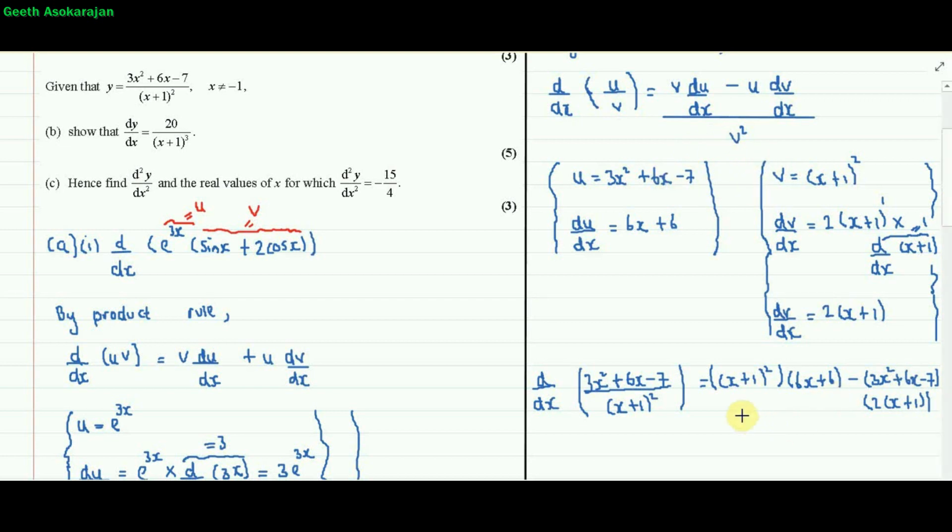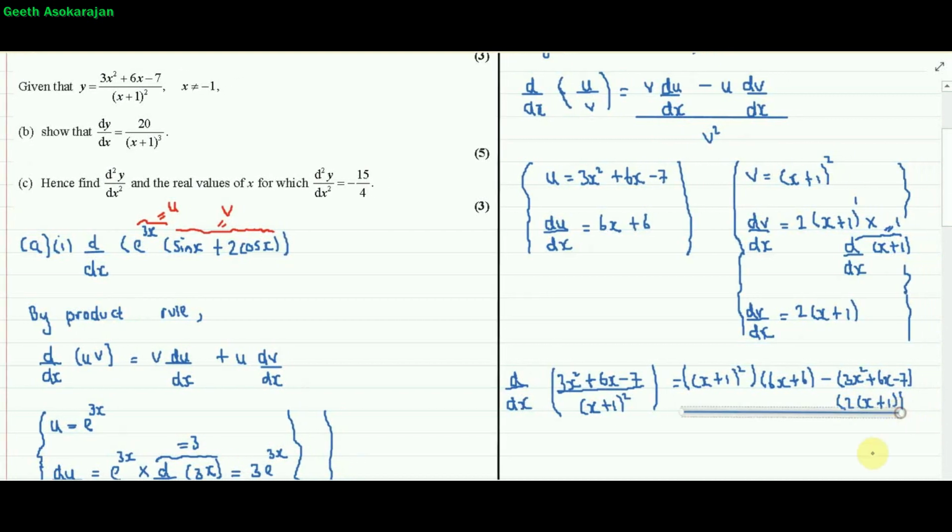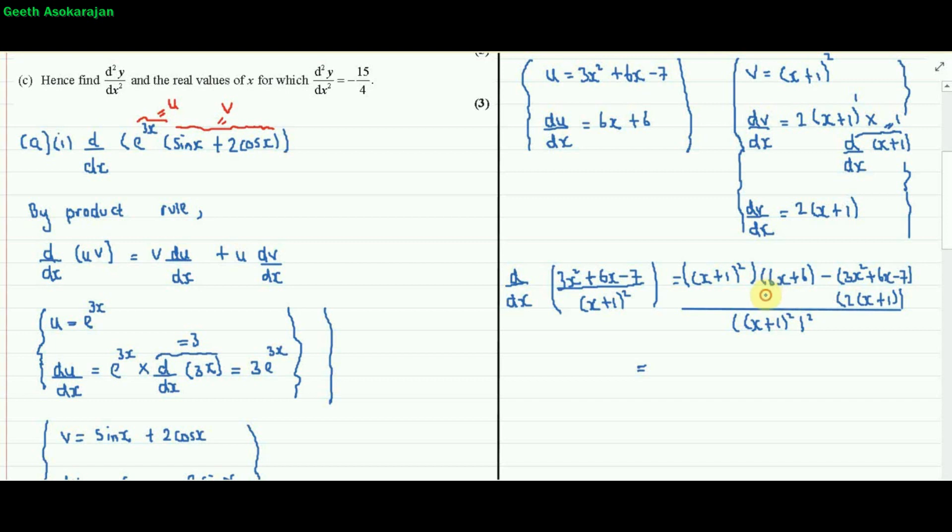So it's all divided by v squared, and v is (x plus 1) squared, but it's v squared, so we need to square again. In this case, I've got 6x plus 6. Now 6x plus 6, I can take a common factor of 6 to give me 6 into x plus 1.